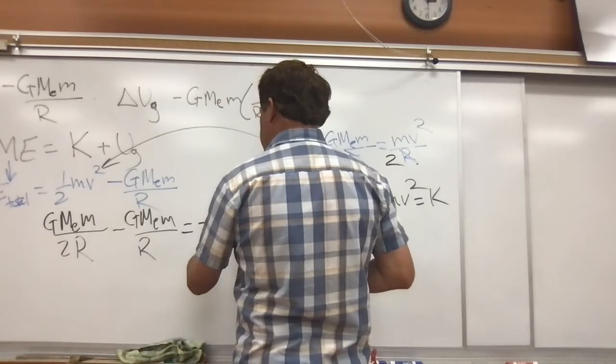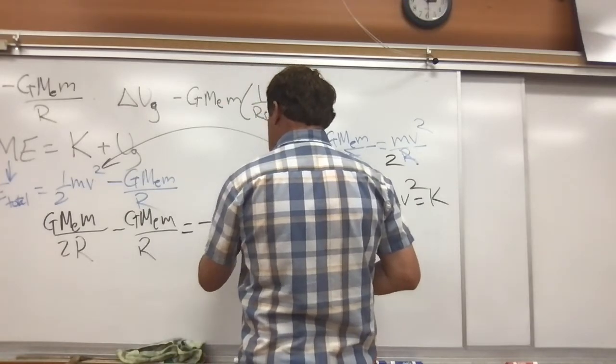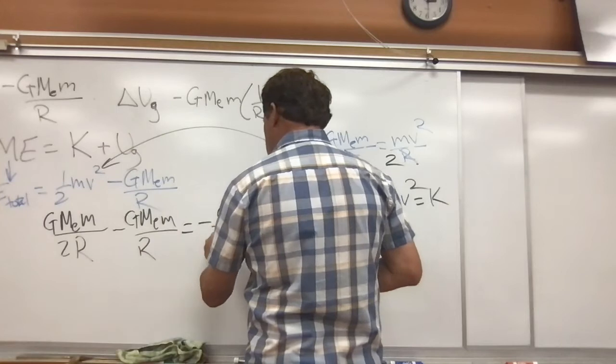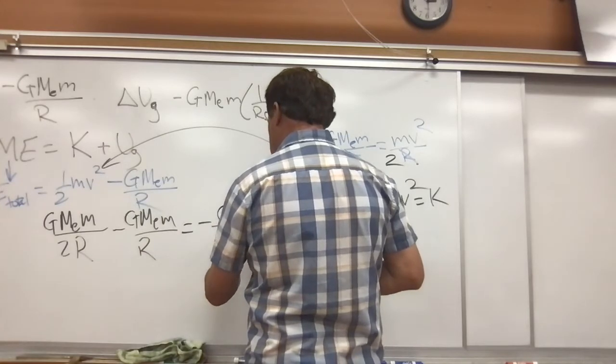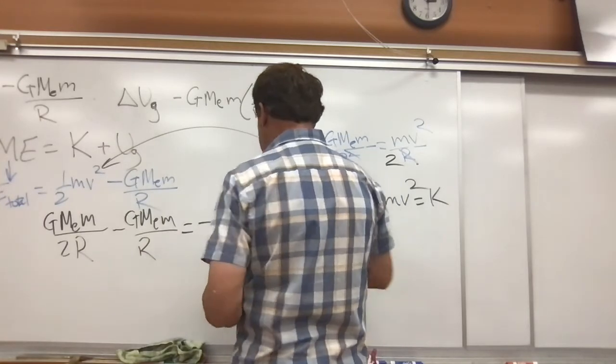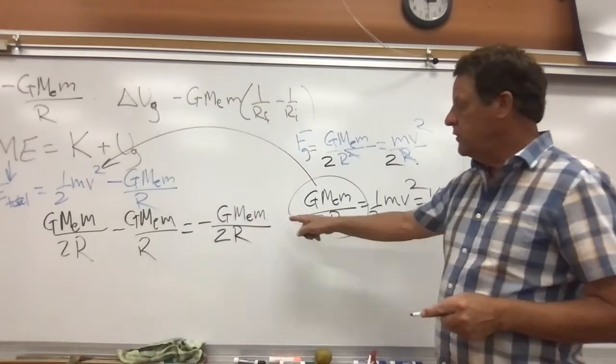So we're going to have negative G MEM over 2R.